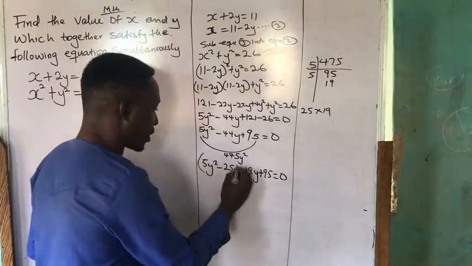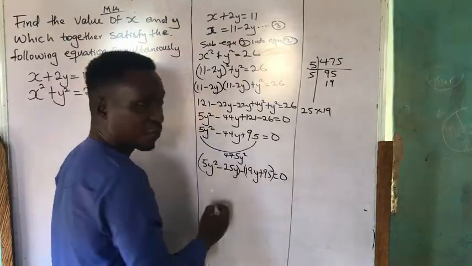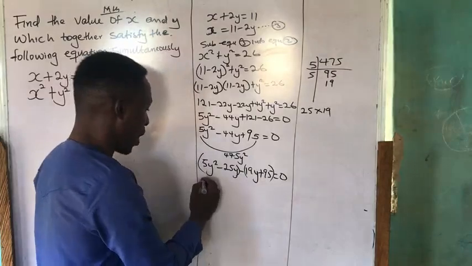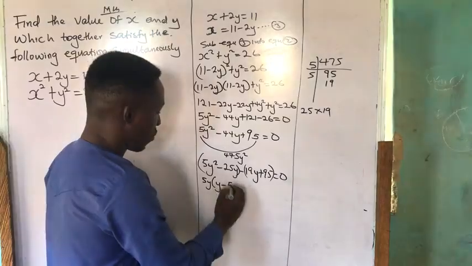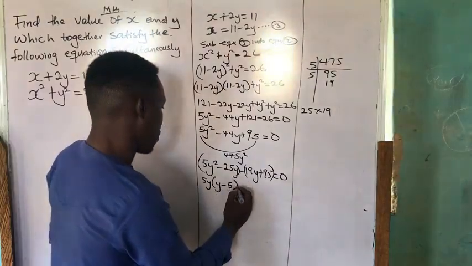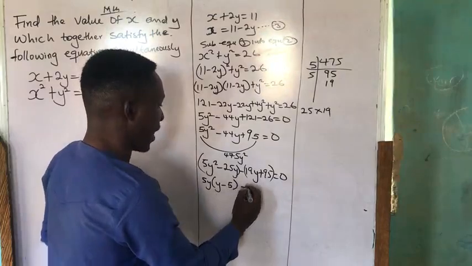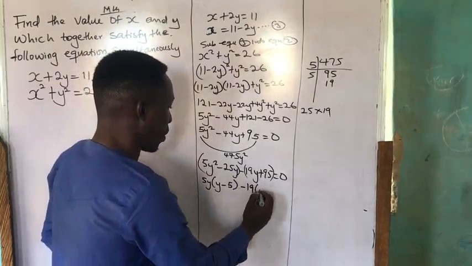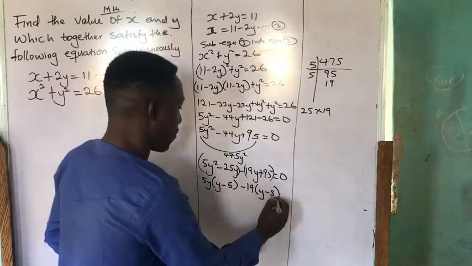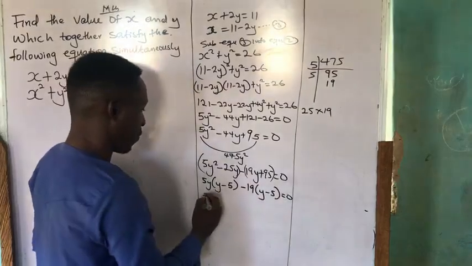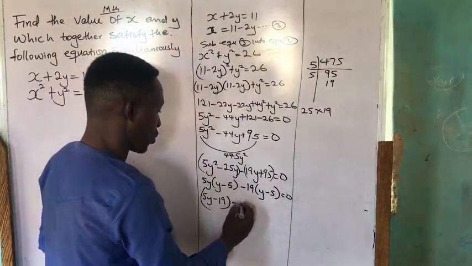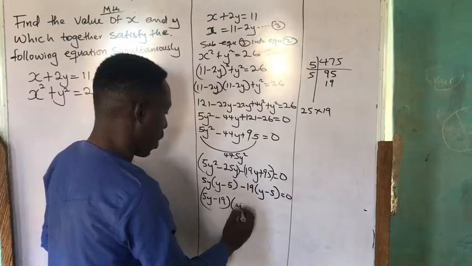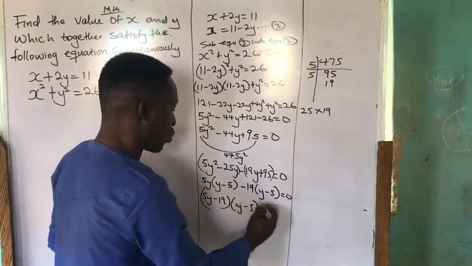So I'm going to put my imaginary bracket now so that the factorization is easy for me. This is 5y into bracket y minus 5. Then minus 19 into bracket y minus 5 equals 0. So 5y minus 19, and then you have y minus 5 equals 0.